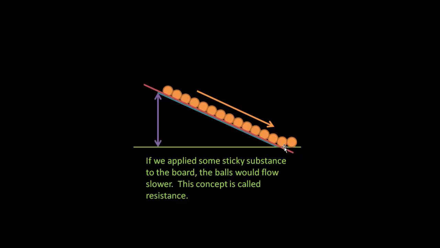So this concept is called resistance. Anytime you use something in electronics to slow down the flow of electricity or slow down the flow of current flow, we will call that substance a resistor. In other words, it's resisting. And the whole concept would be called resistance.